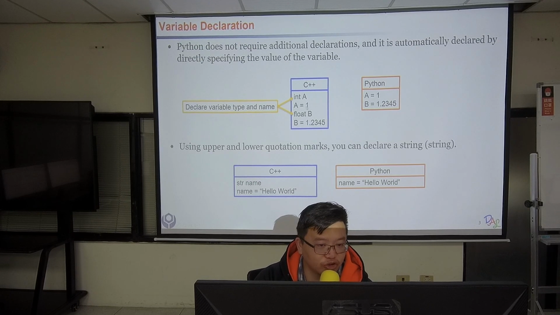A is an integer, so int represents integer. It cannot have 1.2, 1.3. It can only be integers, 1, 2, 3, 4, 5, 整数. Okay, so before you use this character A as a variable, you have to define, okay, it's an integer.